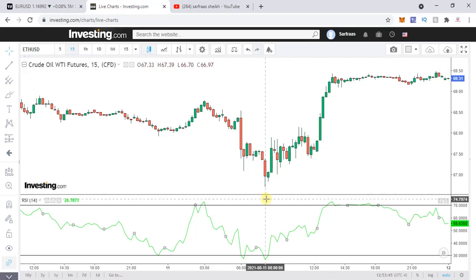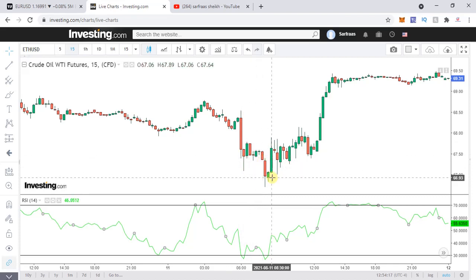So you can see even though there was a fall over here, the candles were showing you that the price is falling. But when it went into the oversold zone, this is the time you should know. Although you can see a huge bearish candle over here, another bearish candle over here, when this RSI indicator goes into the oversold zone, you should understand that probably there could be a consolidation over here and a recovery anytime soon.